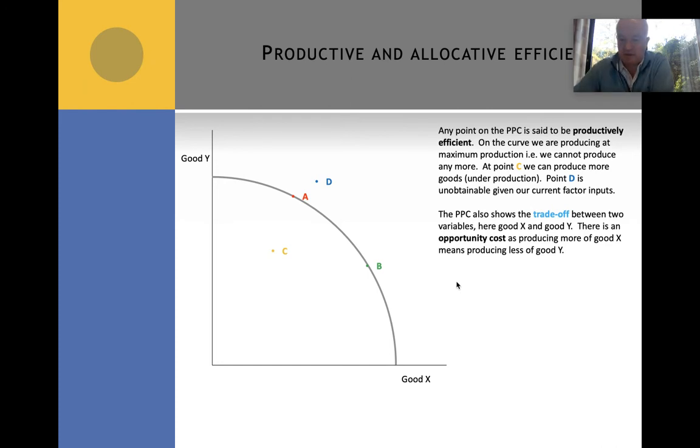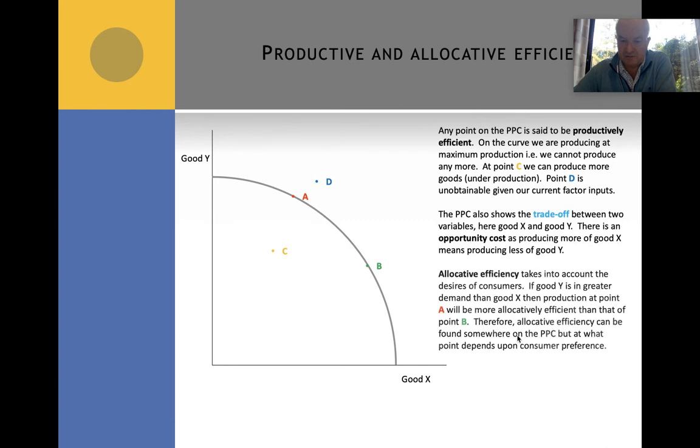And in this instance, you can see that if we choose to produce more of good X, then effectively that means we can produce less of good Y. And so there is always a trade-off, and again, it shows the opportunity cost. If we choose to produce at level A, then that means that we're producing high levels of good Y, but actually we're not producing as much of good X. And that's, again, another thing to bear in mind when we're looking at productive and allocative efficiency. Okay.